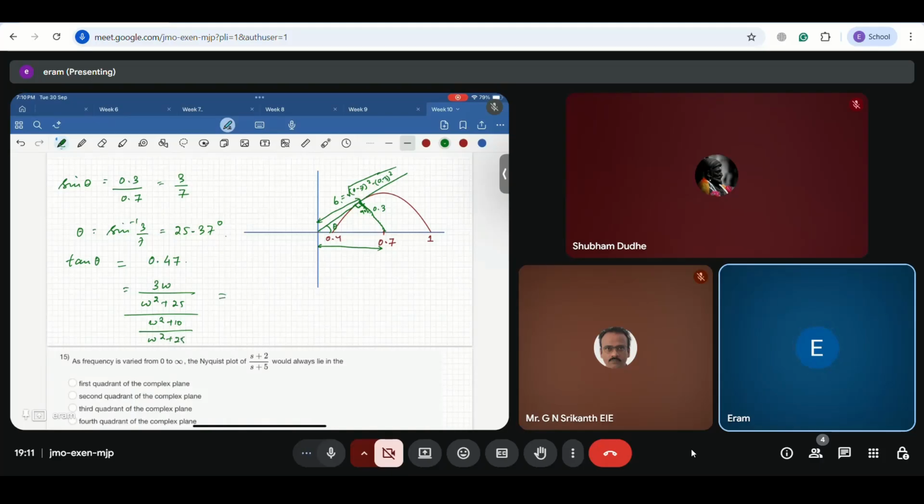So it is 3 omega by (10 plus omega square) equals 0.47. From here you can calculate omega.